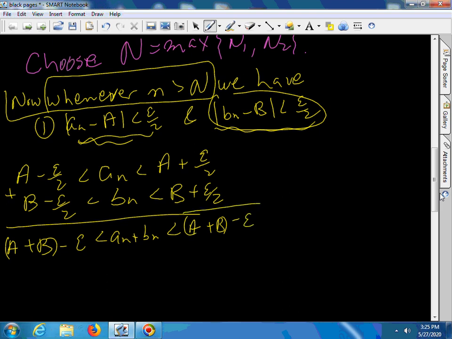That should be true. Taking away a plus b from both sides, I get negative epsilon is less than a_n plus b_n minus the quantity a plus b, which is less than epsilon.